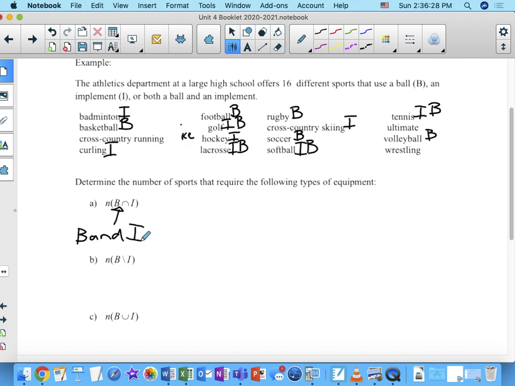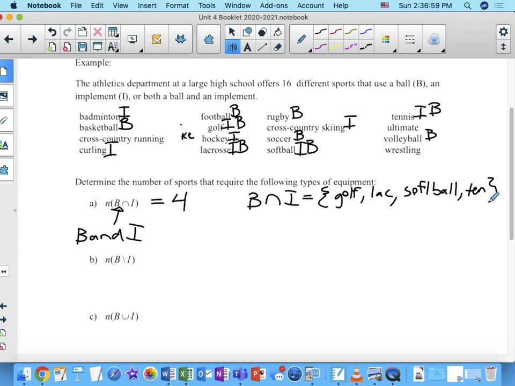And if we count them, we've got golf, lacrosse, softball, and tennis. So that's 1, 2, 3, 4. So this is 4. And you might want to write, just off to the side so that you can refer back to it later, golf, lacrosse, softball, and tennis.